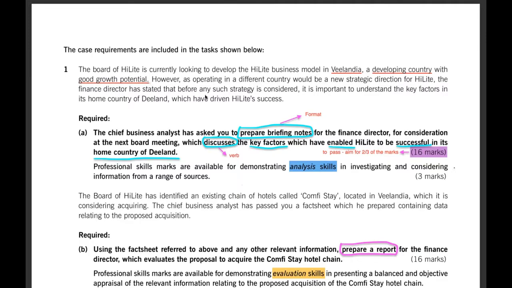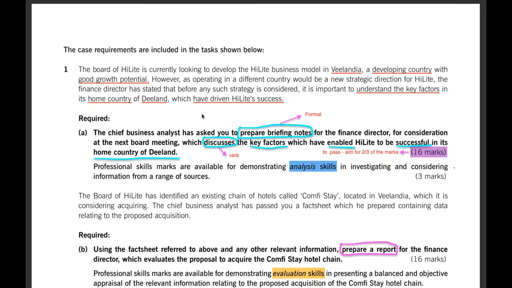However, as operating in a different country would be a new strategic direction for Highlight, the finance director has stated that before any such strategy is considered, it is important to understand key factors in the home country, that is Dylan, which have driven Highlight's success.